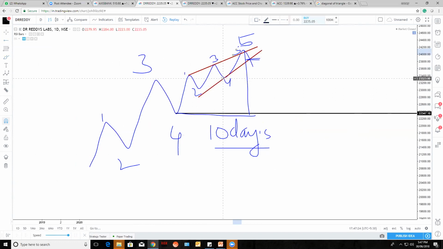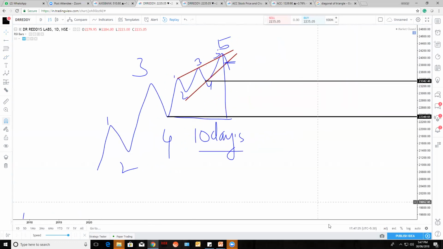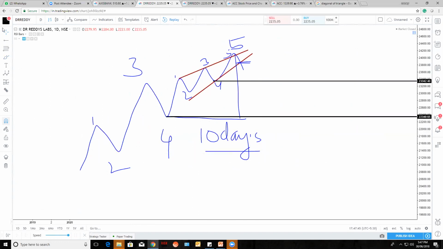Minimum it will fall to the level of 4, and max it can fall up to the level of 0. Okay, that is the beginning of the fifth wave. So this is a fall up to the 4 of this internal, or else at least to the fourth of the third wave.